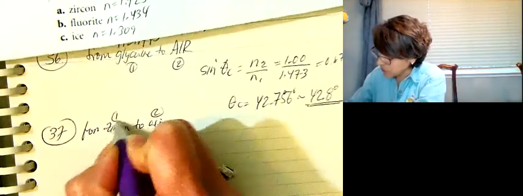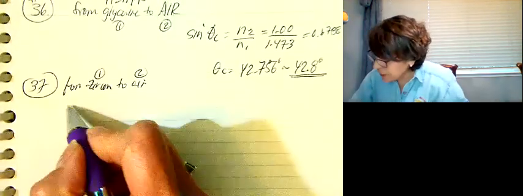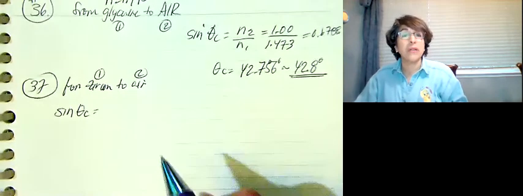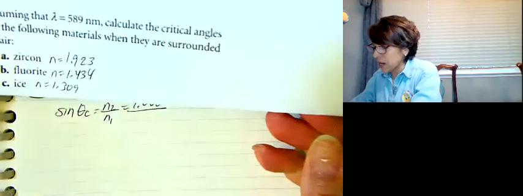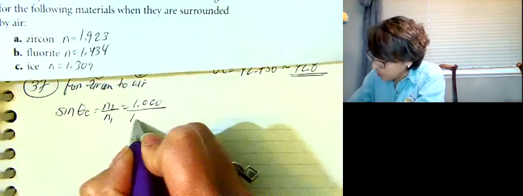Air is our second one, and zircon is our first one. So the sine of the critical angle, little c for critical, is N2 over N1. Air was the second one, 1.000, and zircon was 1.923.